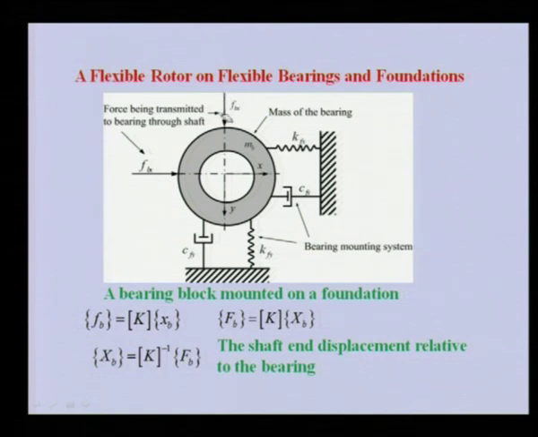These are the foundation stiffness and damping in the x direction and in the y direction. In this particular case, we have not considered the cross coupling terms, for simplicity.